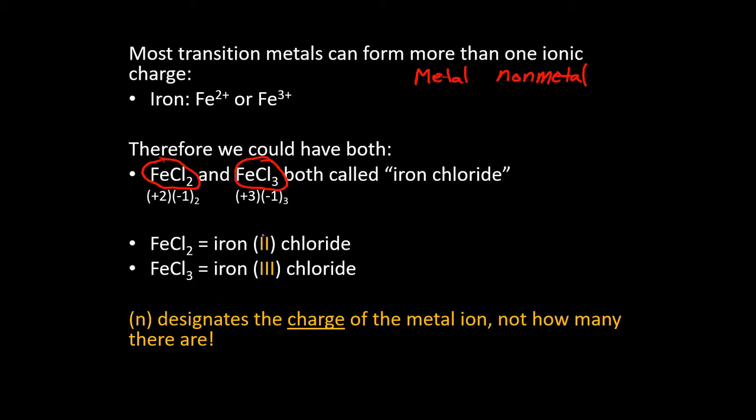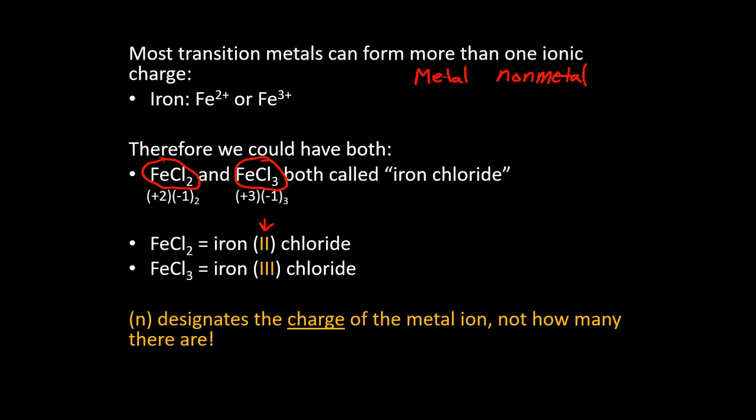And we do that by using Roman numerals in parentheses after the name of the metal. So in this particular molecule, we have iron with a +2 charge, and so this molecule is called iron(II) chloride.